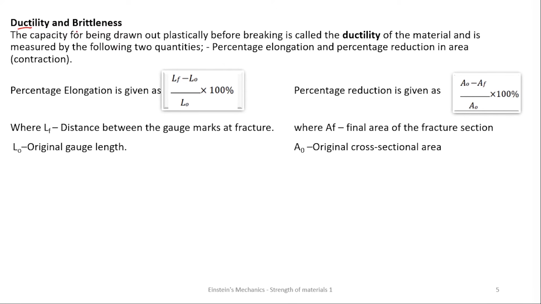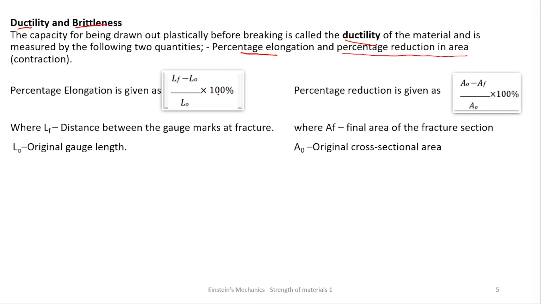Ductility and brittleness. The capacity of being drawn out plastically before breaking is called ductility. That's quite interesting. We want ductile materials. And here, the ductility of a material can be measured in two ways: percentage elongation and percentage reduction in area.